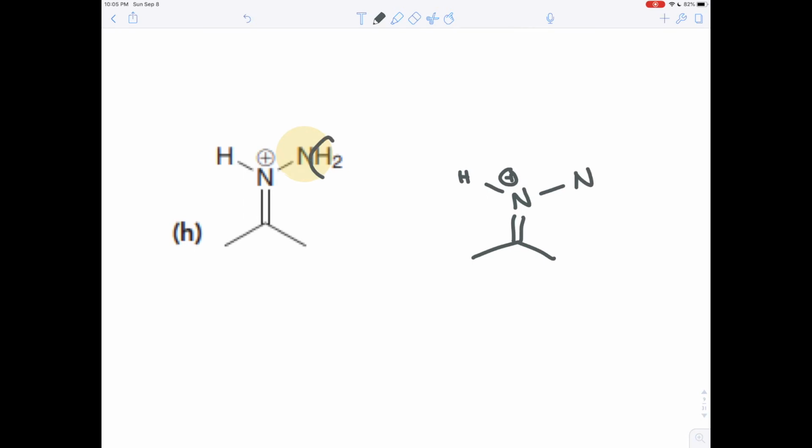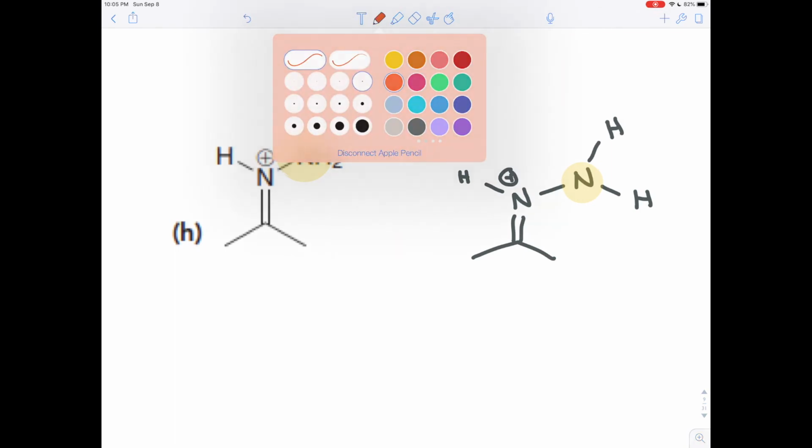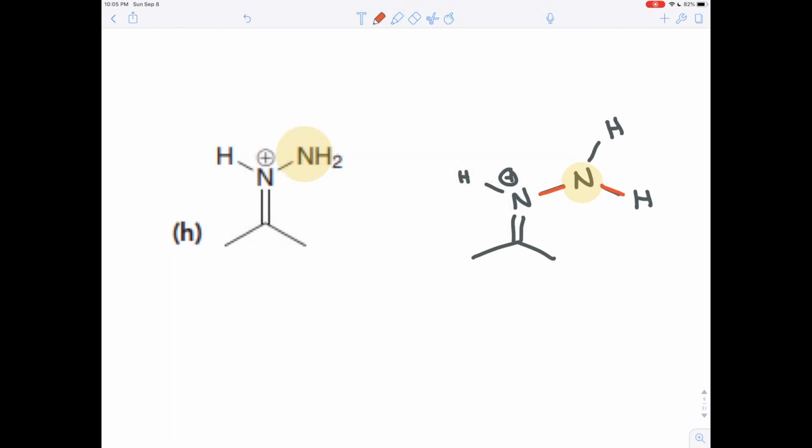Now notice this NH2. What that means is that this nitrogen is bonded to 2 hydrogens. So if we look at this nitrogen, you'll notice that around it are already 2, 4, 6 electrons. So to give it 8, you would just have 7, 8, 1 lone pair on that nitrogen.